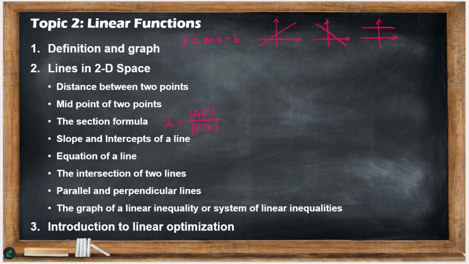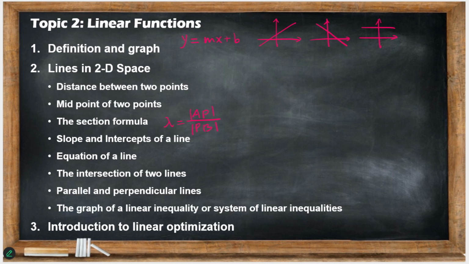Make sure you know the two formulas. They are different. And midpoint is actually a special case. The midpoint formula is actually a special case of the section formula, right? And also make sure you know the definition for slope and intercept of a line. And also be able to express the line using 4 different types of equations, such as point slope form, slope intercept form, general form or generic form, and two intercepts form.